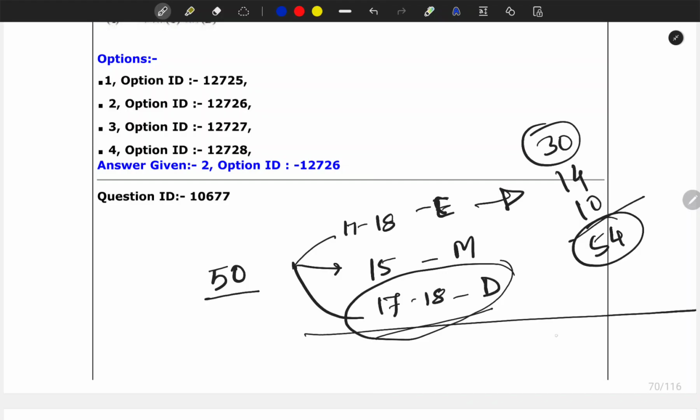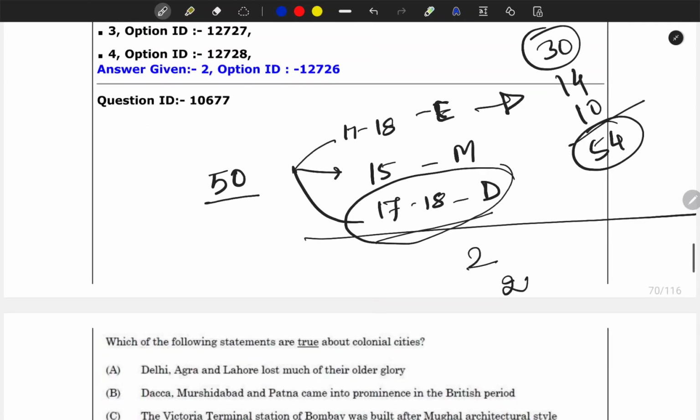Remember, in the second part we will have, I think, 2 passages of 20 marks, means 10 questions, I guess, at the end of this paper. So these 10 questions will be of very easy nature. If you are missing out here, it will be very difficult for you.